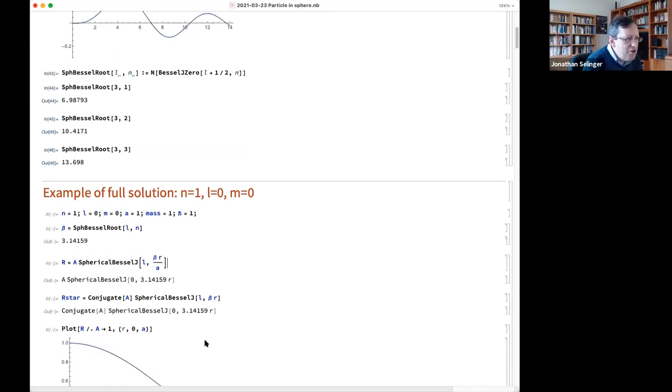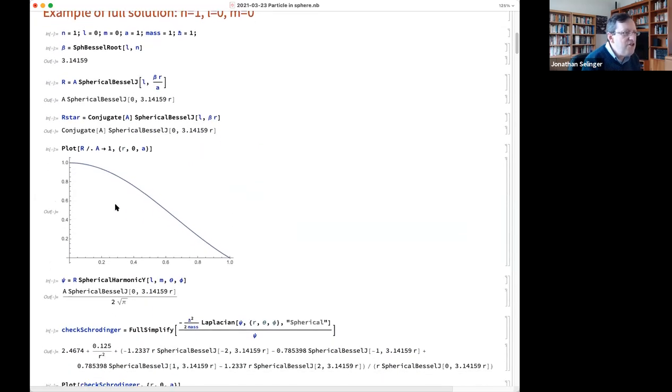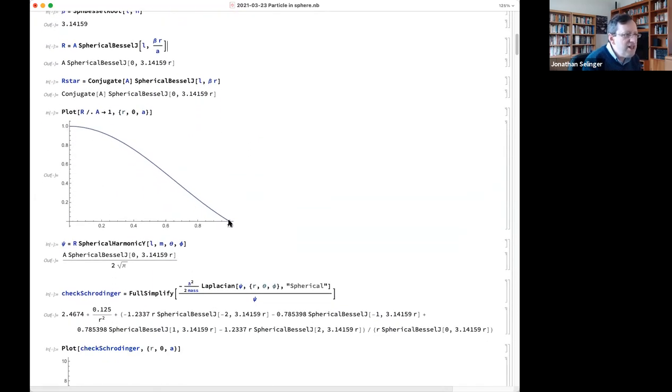That is a function which looks like this. This is a plot of capital R as a function of little r going out to the radius of the sphere, and you can see it reaches 0 just when little r reaches the radius of the sphere.